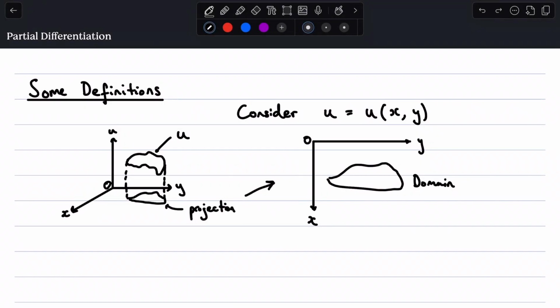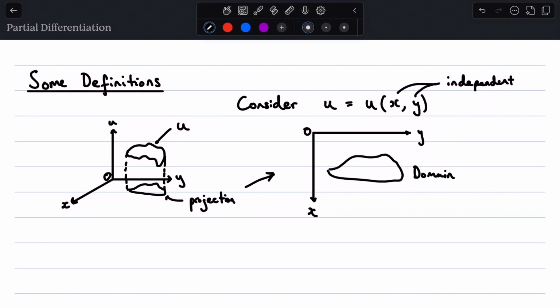To start, let's consider u, which is a function of x and y, where x and y are independent variables. We can think of u as being the height of this surface above a plane. So if we look at the plot on the left, we can see we've got our function u of x, y here, and for each point, x, y, we can go up and say this is the height of our function u at that point.